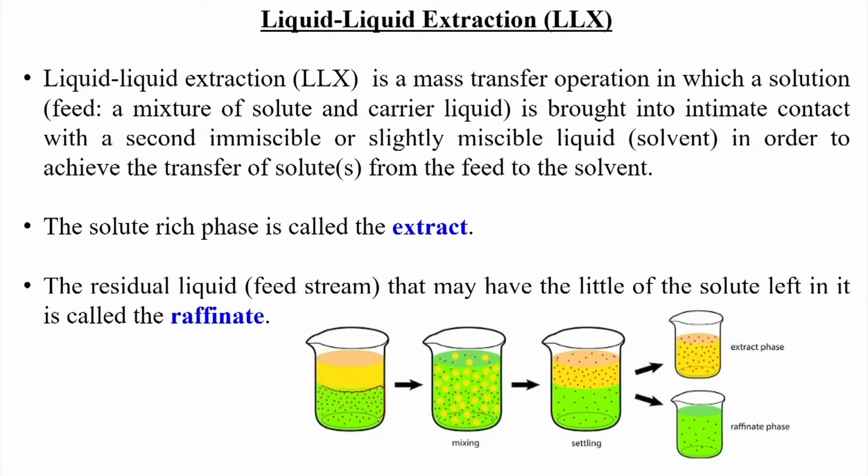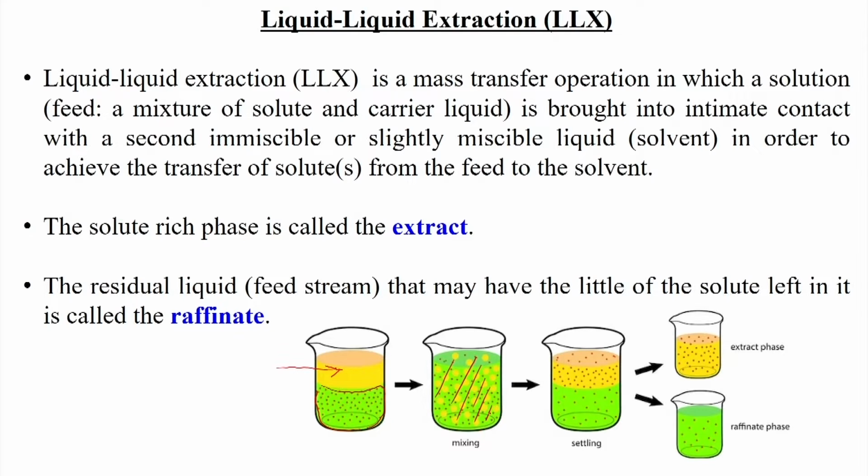If we say this schematically, the feed is these dots, with the carrier solvent initially in the beaker, and then the second liquid is fed inside this beaker and mixed properly to get a homogeneous mixture.